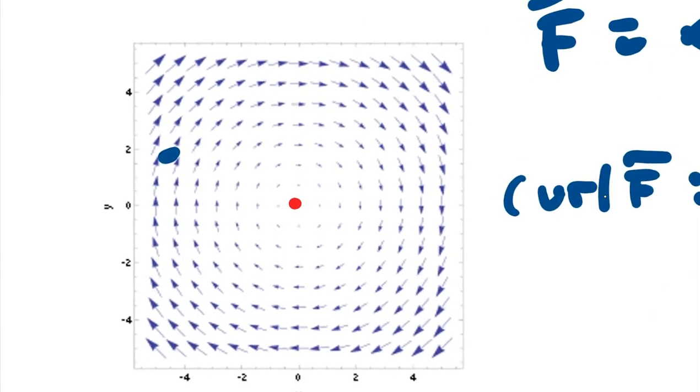Let me do this in a different color, red. The vectors coming out are the same as the vectors going in. Same over here, and over here. So the divergence is 0 because there's no source or sink at any point.